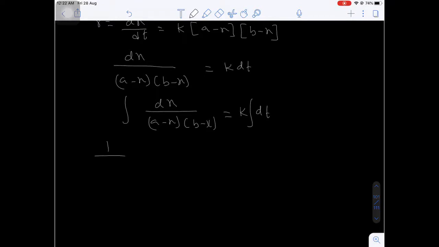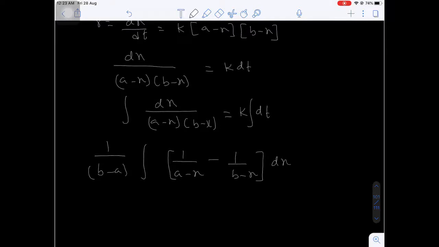So that's why I am writing 1 by (b minus a), integral of, here 1 by (a minus x) minus 1 by (b minus x).